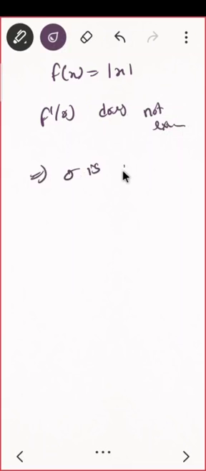Because f dash of 0 does not exist. Simple. What was the definition for critical point? Either the derivative must be 0 or it must not exist. You already know that f dash of 0 does not exist. That means 0 is my critical point. Correct? Good.